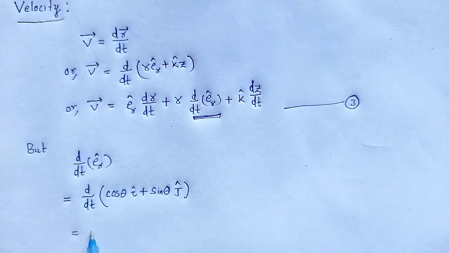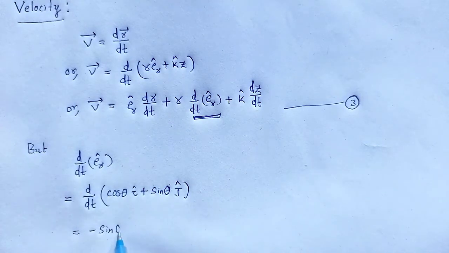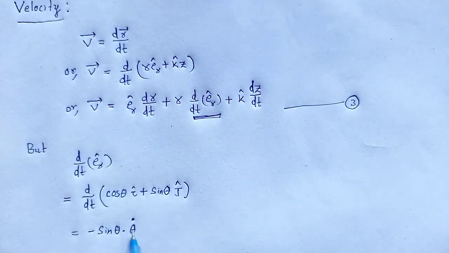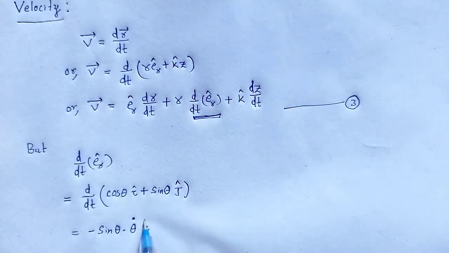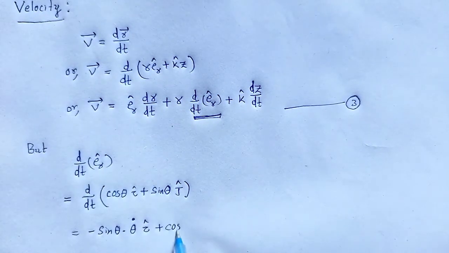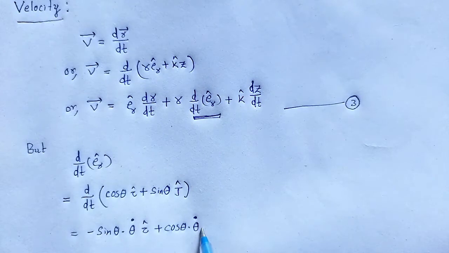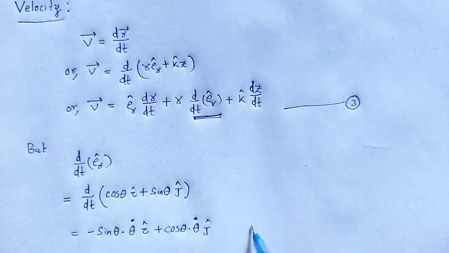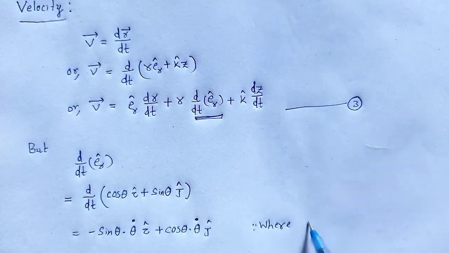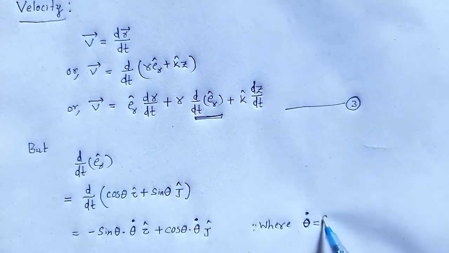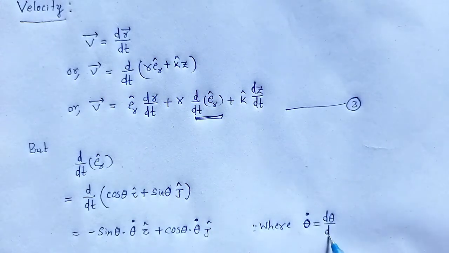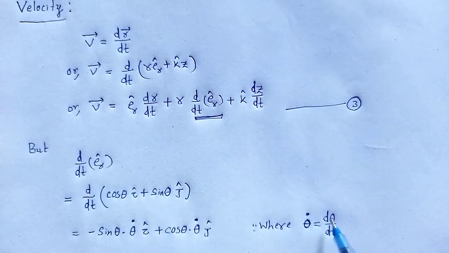The derivative of cos theta is minus sin theta into theta dot, where theta dot is nothing but d theta by dt, i cap, plus cos theta into theta dot j cap. Here theta dot is the first order derivative of theta with respect to t, that is d theta by dt. If it is double dot, that is d square theta by dt square.